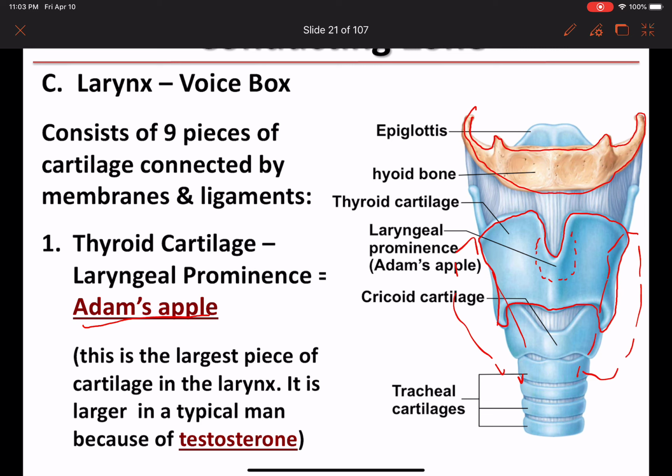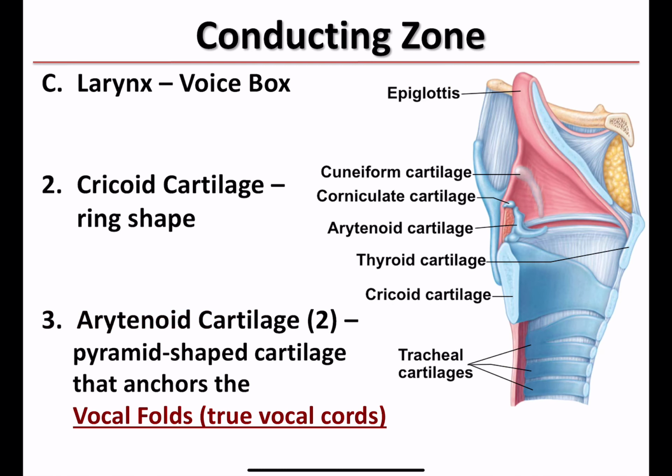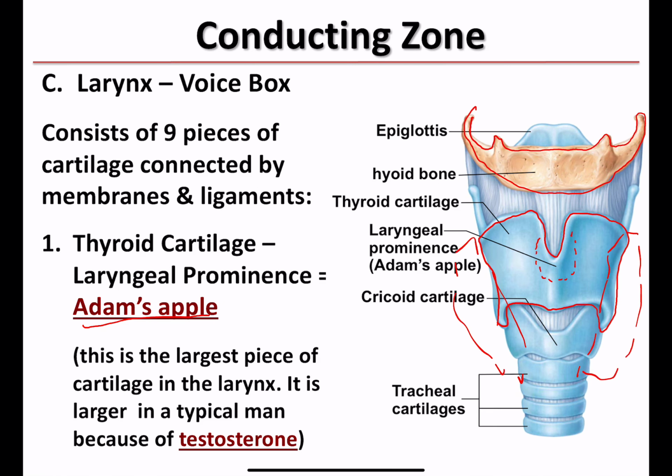It's important that you know that this piece of cartilage is only in the front of the larynx. While it's very broad and impressive in the front, it actually comes to an abrupt end. You don't find it in the back of the larynx. Now, I just wanted to point this out before we go further. Just inferior to the thyroid cartilage, this ring-shaped cartilage, and by the way, I want you to take note of the word that I just used to describe this ring shape.